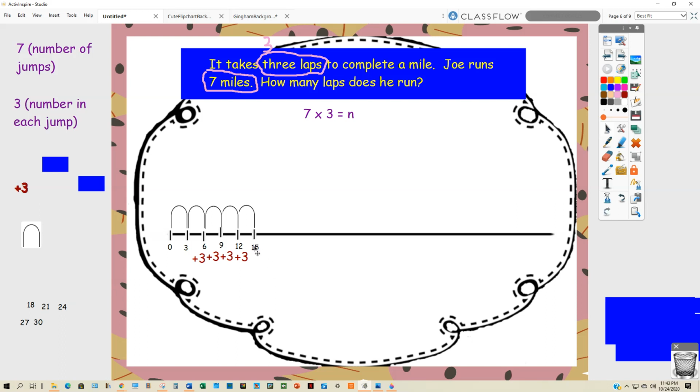Now, I know that I have got to do 7 jumps. I don't want to get carried away. 1 jump, 2 jump, 3 jump, 4 jump, 5 jump. I've got 2 more jumps to do. So I got to keep up. I don't want to go over 7.